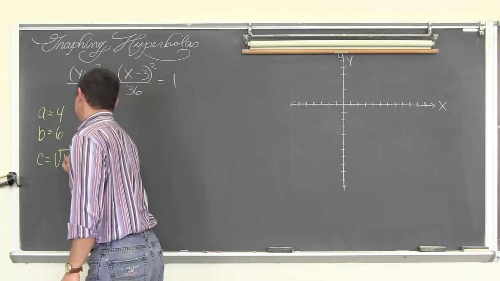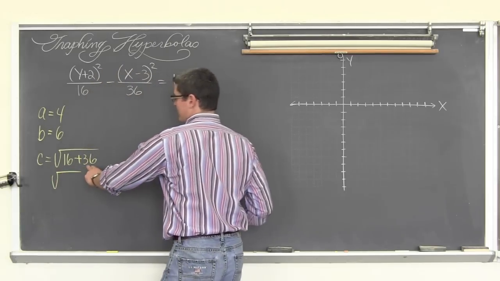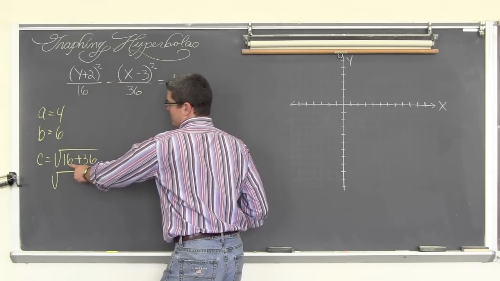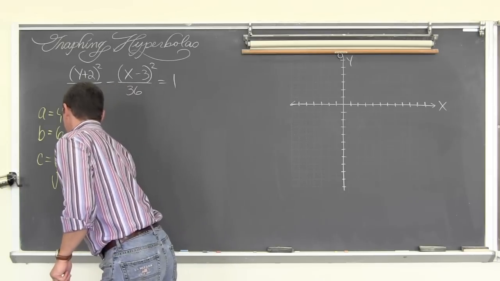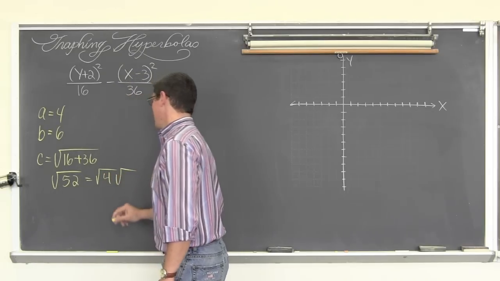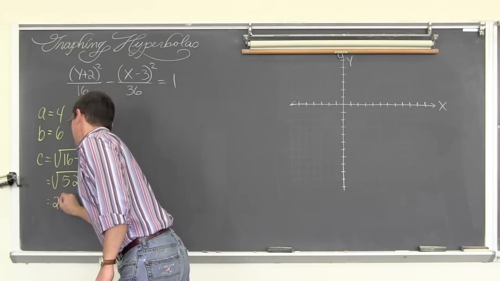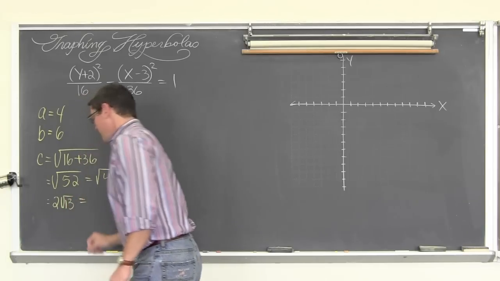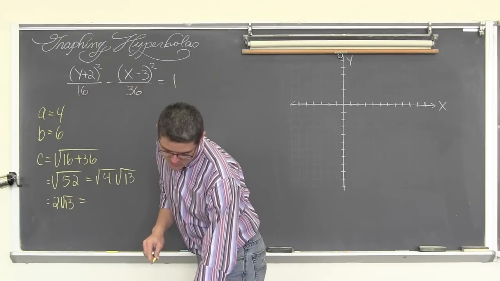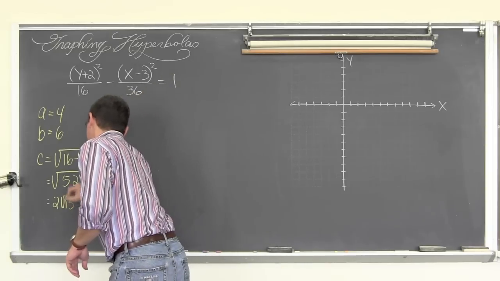So it's going to be the square root of 16 plus 36, or the square root of 52, which is going to be equal to 4 times the square root of 13, or 2 square root of 13, and that is equal to, for graphing purposes, 7.2, approximately.